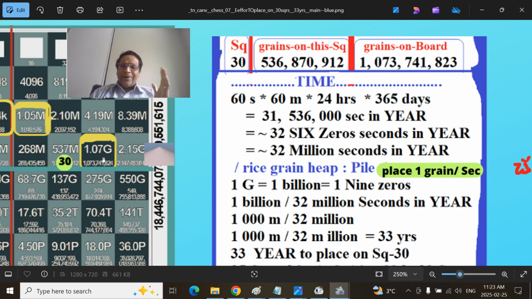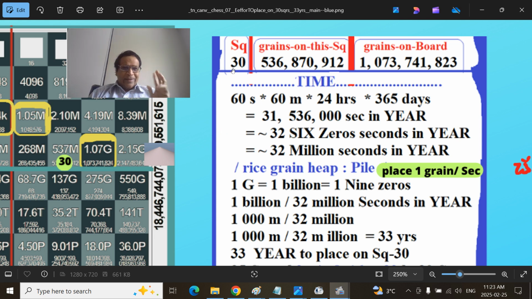Why I have chosen it that way is that it is very easy to do the math calculation. Suppose you assume 2 seconds or even more, the numbers vary. You can multiply accordingly, or if you take less time, the numbers vary. But generally, at least you take a grain and put it on the board, assuming all the grains are present nearby, somebody handing them to you. So these are assumptions.